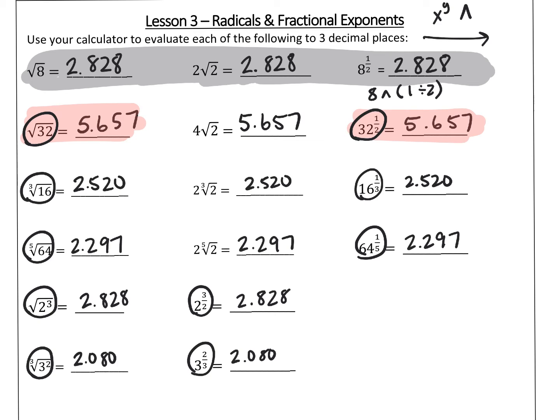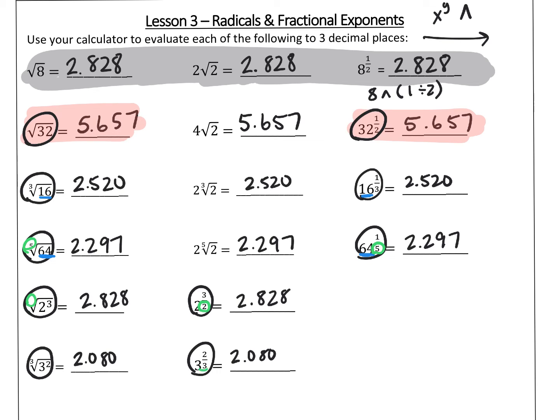Okay, so what do we notice about these? Well, the first thing that you should notice is that the base of the exponent is the same as the radicand. Okay, so it's the same as the number underneath there in all cases. And then if you look a little bit closer, maybe you notice that the denominator is the same as the index.